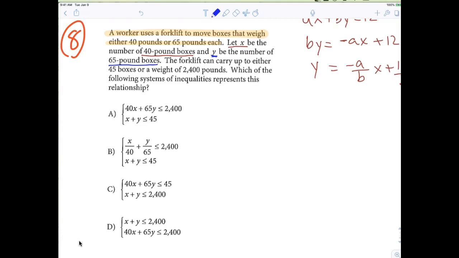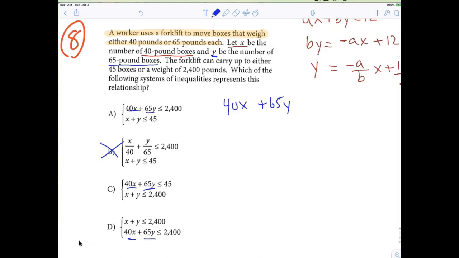So right off the bat, that would be 40x plus 65 what? That's right off the bat. That's what you should be saying. Does everybody agree with that? So which one could I eliminate? B, without even thinking. And what? 40x plus 65y.